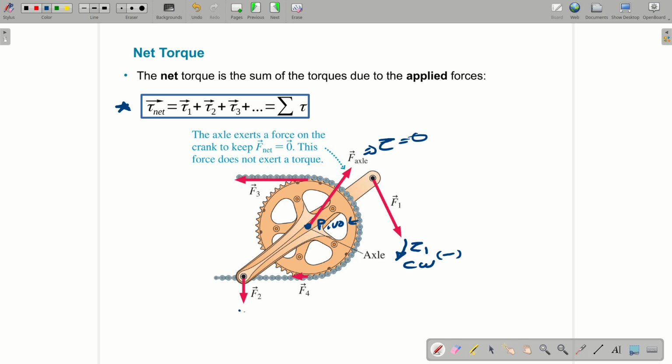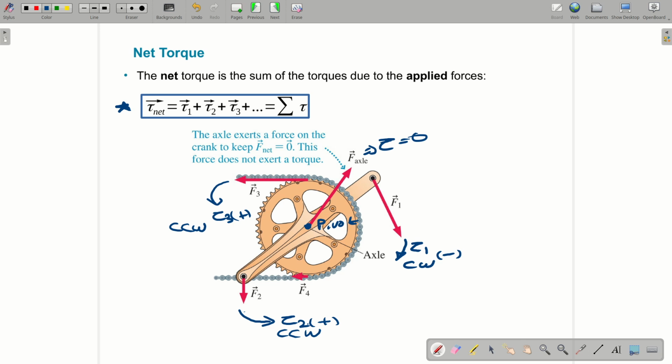F2 over here would rotate this way. What is this way? Counterclockwise. So torque 2 is positive. F3 would also rotate counterclockwise, so torque 3 is also positive.